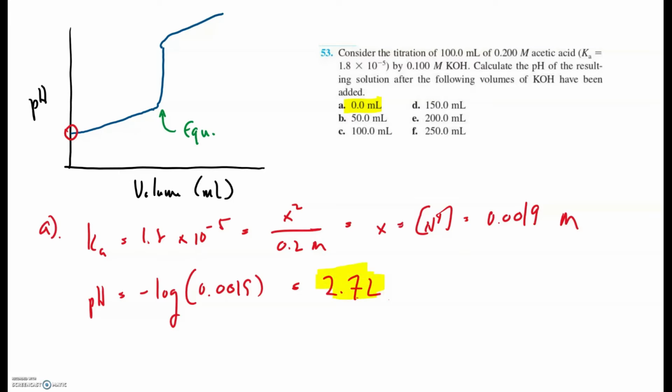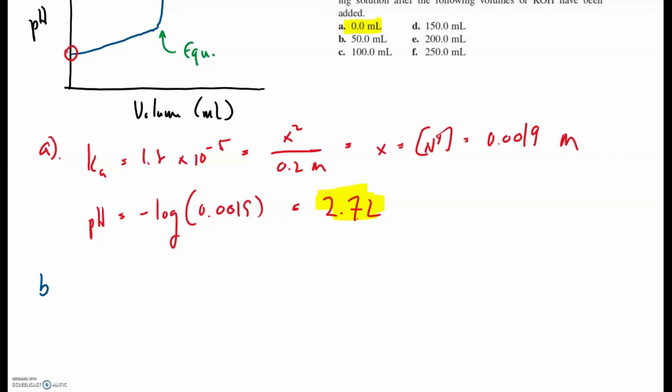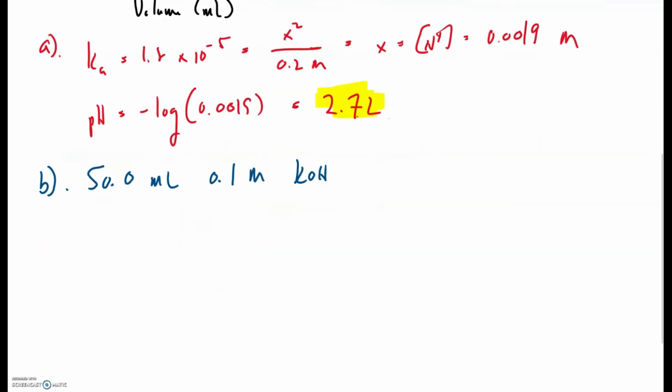All right, now let's go on to part B. Part B is asking us what happens when we titrate with 50 milliliters of 0.1 molar potassium hydroxide. So I'm going to introduce you to a new term here because these numbers are pretty small. I want to introduce you to something called a millimole.